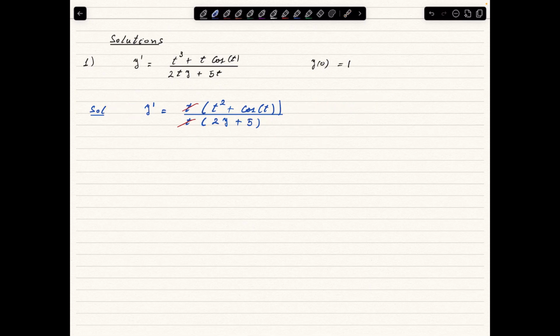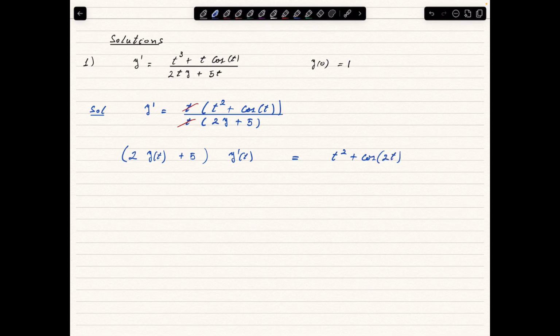So let me write it down like this. This is a function y of t we are trying to find, 2y plus 5, all that is multiplied by y prime of t, and all that is equal to what is on the other side, t squared plus cosine of 2t.